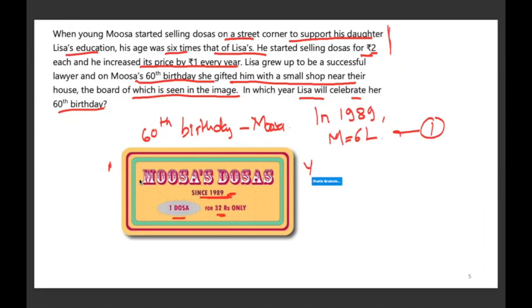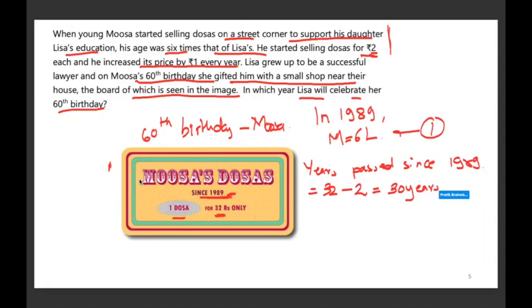So the years passed since 1989 will be 32 minus 2 rupees, the initial price, because every year he's increasing 1 rupee, which is 30 years. So total years passed since 1989 are 30.